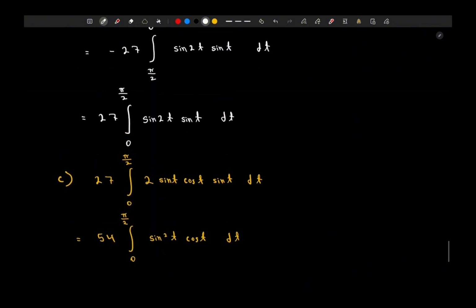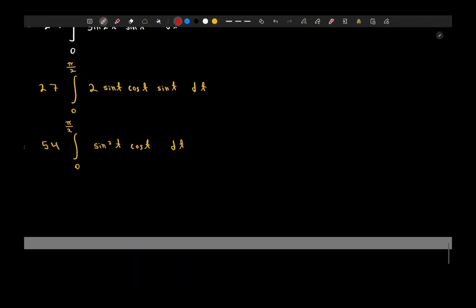Now we need to apply the reverse chain rule. Now if you take a term such as sine cube t and differentiate this, we will get 3 sine squared t and cos t. So this is the differentiation of sine cube t.